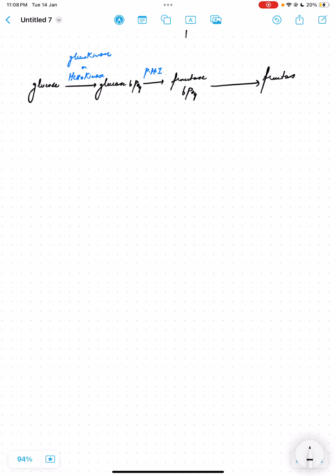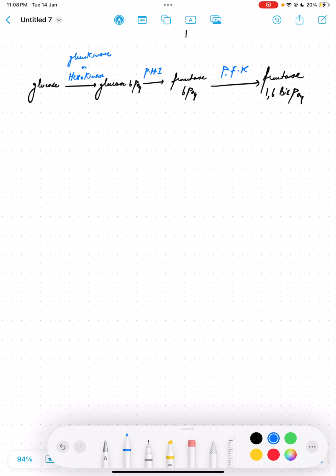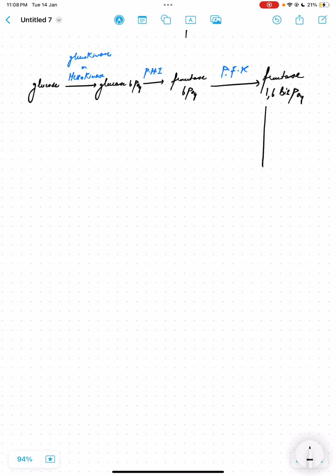Then fructose 6-phosphate is converted to fructose 1,6-bisphosphate with the help of the enzyme phosphofructokinase. Then it will be divided into two with the help of an enzyme, that is aldolase.